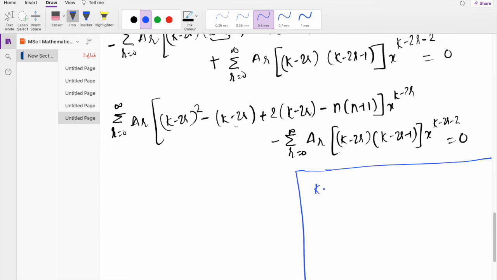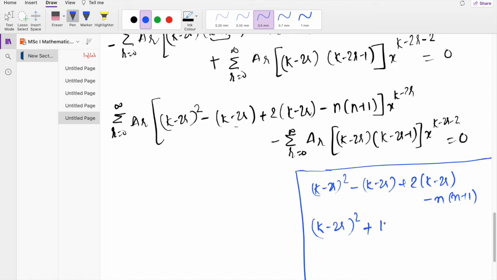So I can write k minus 2r to the power 2 minus of k minus 2r plus 2 k minus 2r minus of n plus 1. Alright, so this will give me k minus 2r to the power 2 plus of k minus 2r minus of n square, and this will give me n if I take this one together.